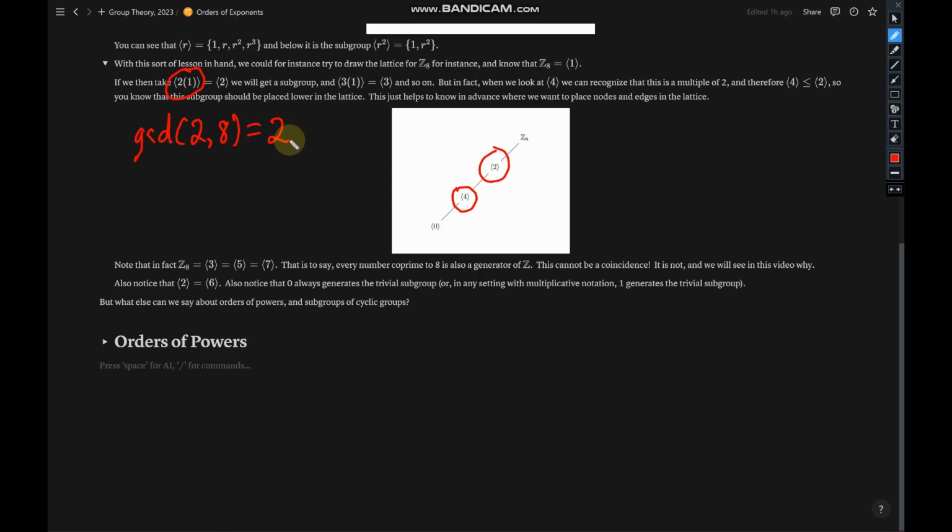And the order of 2 is 4. Okay, the GCD of 4 and 8 is 4, and the order of 4 is 2. So thinking about these relationships of GCDs and orders should hopefully show you a bit of a pattern.